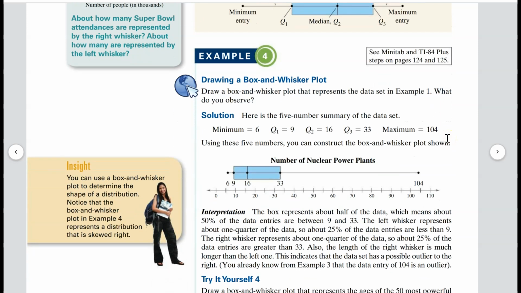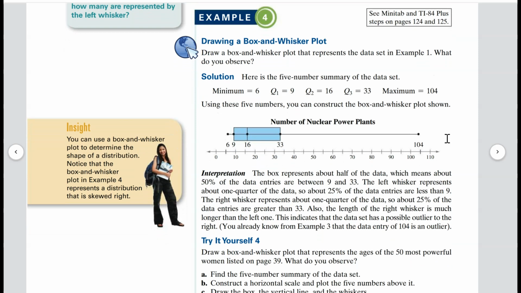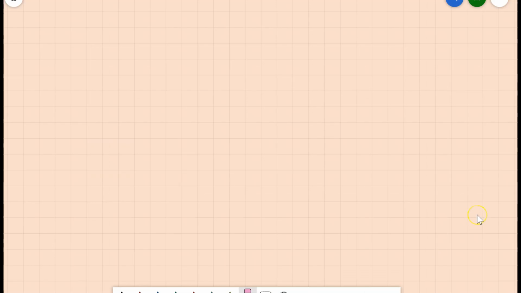All right, we're going to make a box and whisker plot. We take the data that we did before, and let's see if we have any room. Let's go over here. The minimum of that data set was 6.